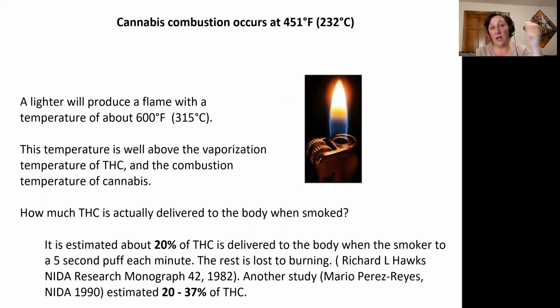So that temperature is well above the combustion point of the dried cannabis flower, and it's well above the vaporization point. And so when that flame comes in contact, the part that is actually on fire is undergoing combustion. It's breaking down the plant material and converting it into other molecules that are not THC. It's breaking down that THC molecule, if it is part of the combustion process, into carbon dioxide and water.